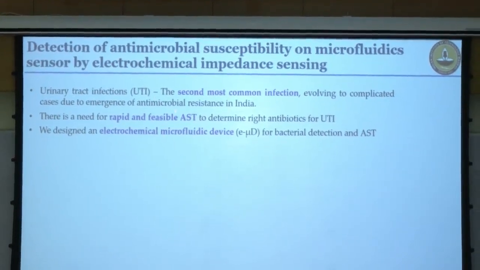In case of a UTI, or any kind of bacterial infection, the person goes to the doctor, and the doctor takes blood or urine and immediately prescribes some broad spectrum antibiotic, which is causing very heavy antibiotic resistance in the bacteria.